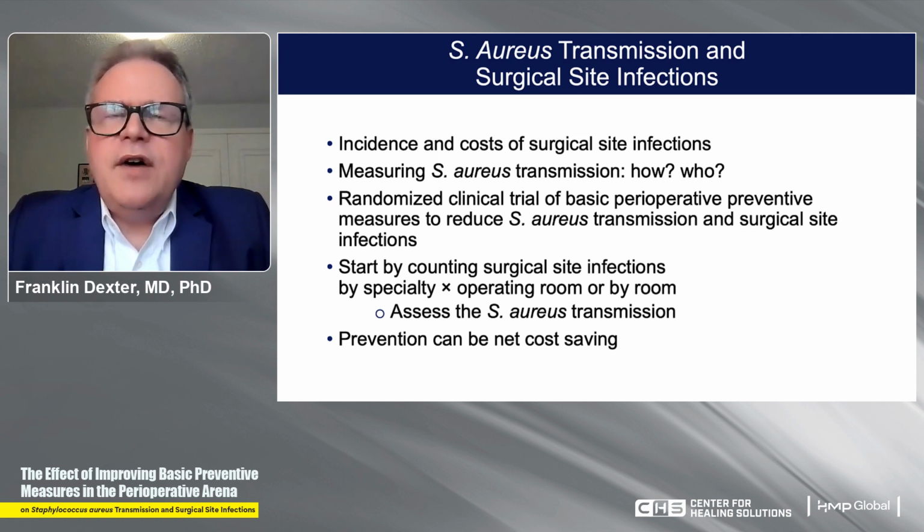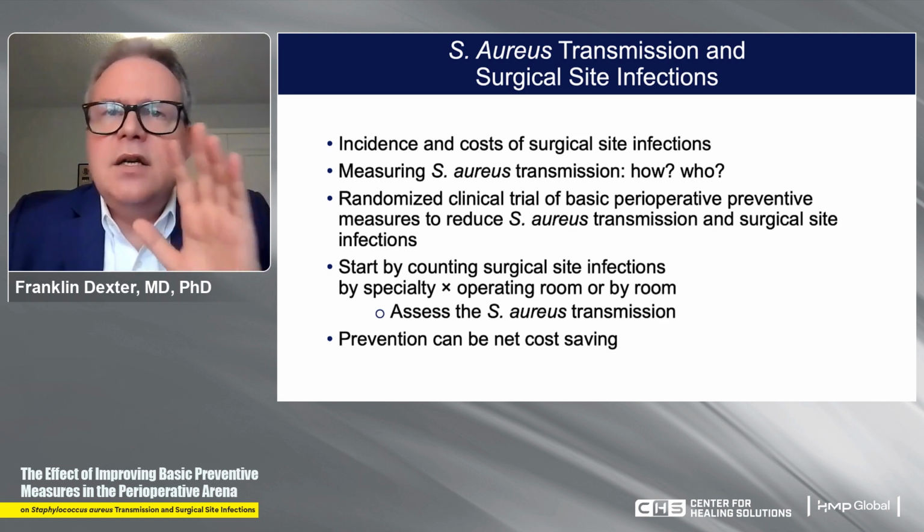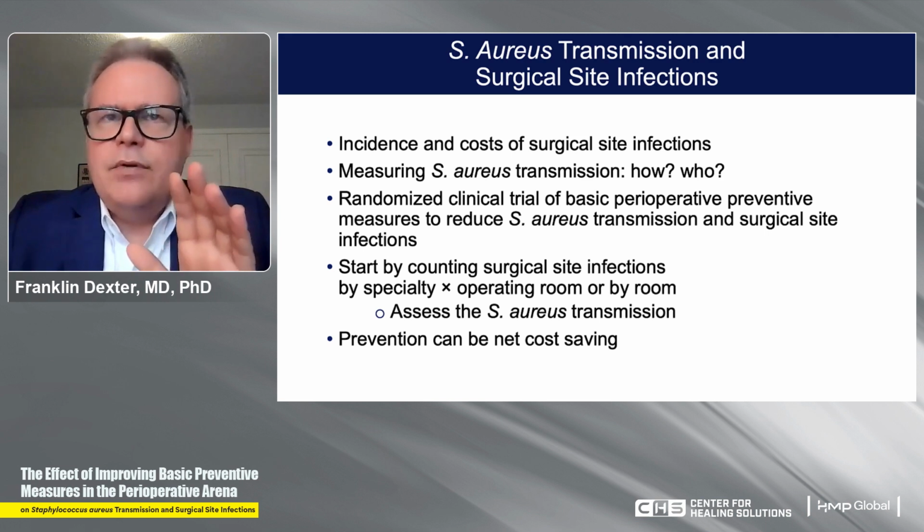Then, once you've identified the specific operating room specialties to target, you measure the Staph aureus transmission to decide if a prevention program is warranted. You would collect 25 samples initially for each operating room specialty combination. You choose the ones that you are going to target. While you're beginning the process of feedback, collect an additional 50 samples.